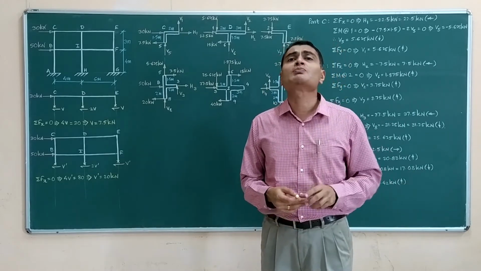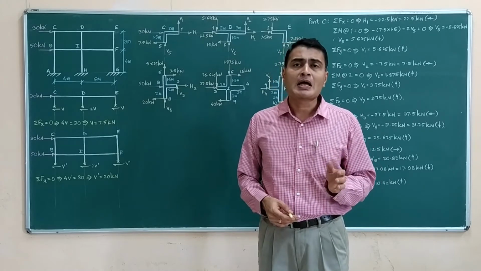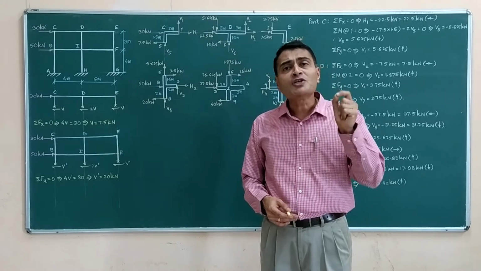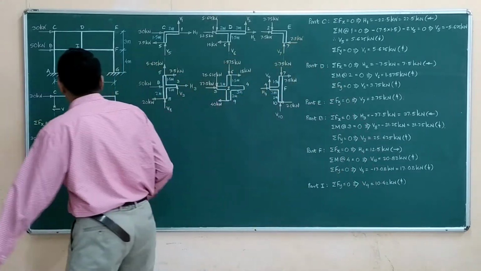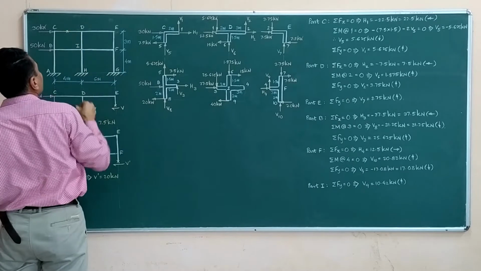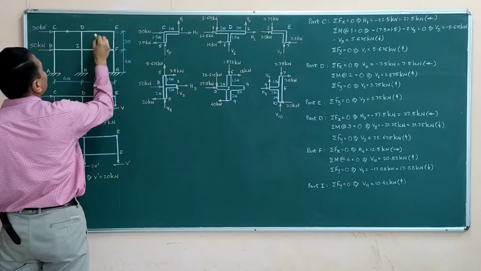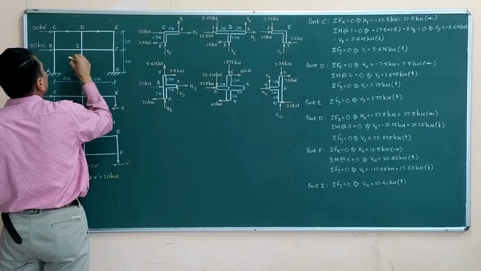What is the first assumption? The first assumption is that all the beams have points of contraflexure at the midspan. So that is what I am marking here first of all. This is a point of contraflexure exactly at 2 meters, 2 meters. Other points of contraflexure at 3 meters, 3 meters.